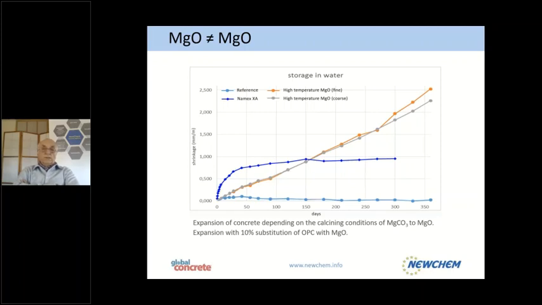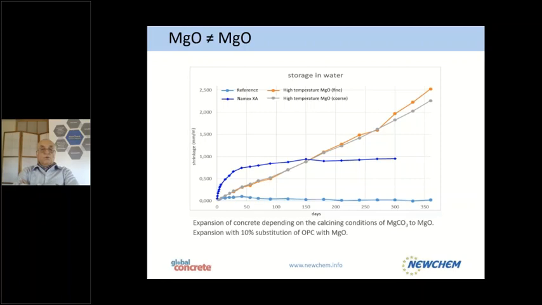Now, if you burn it at a lower temperature, then you get the blue curve. And on the blue curve, you can see that your magnesium oxide is reacted after 150 days or 100 days, depending a bit on the reactivity of your magnesium oxide. And we have made these tests to show that there is no magnesium oxide left for the late expansion of the concrete.